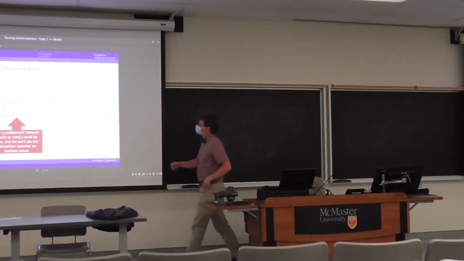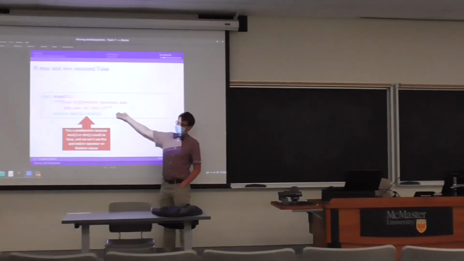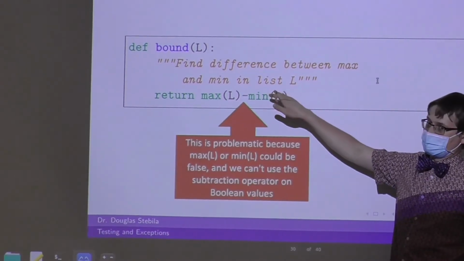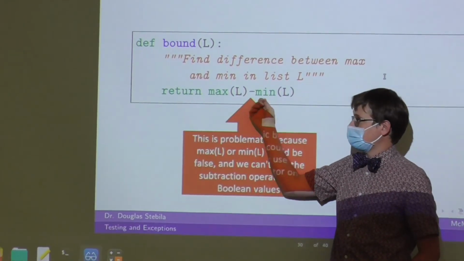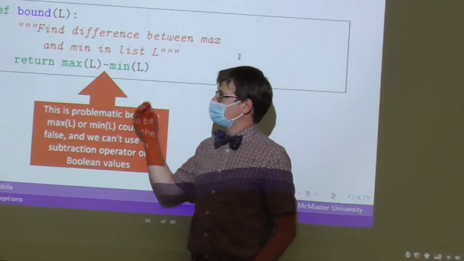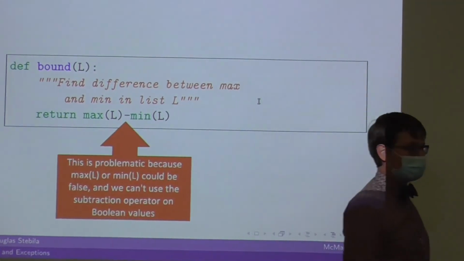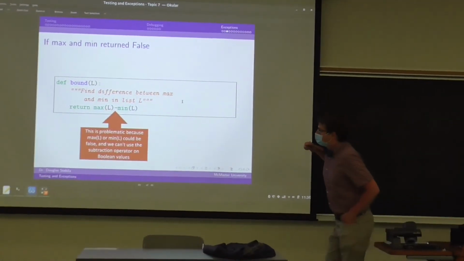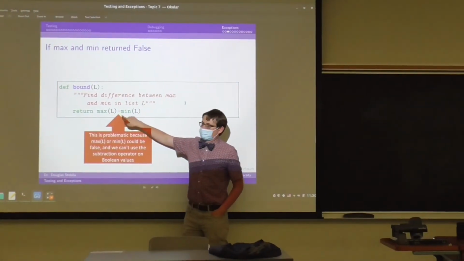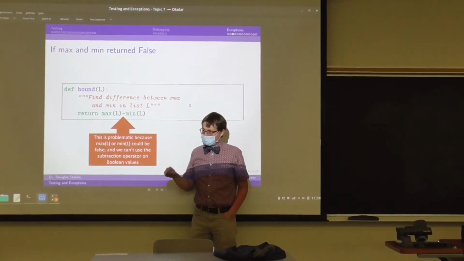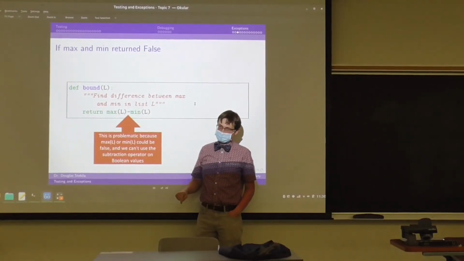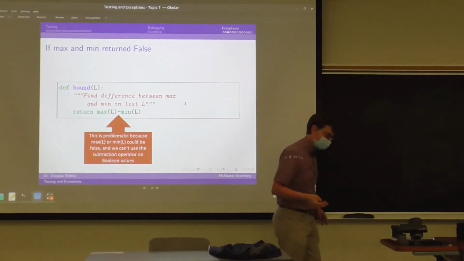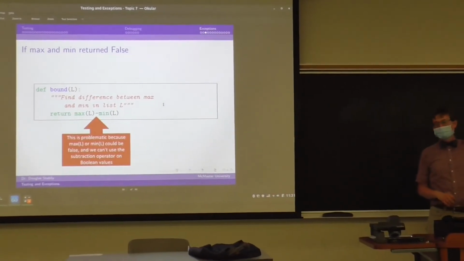So consider a bound function, right? The difference between the maximum and the minimum in the list. So we have max and we have min, right? This is a fairly simple function. We would want to keep it this simple, right? If max and min have the possibility of returning false if the list is empty, you basically have two options.